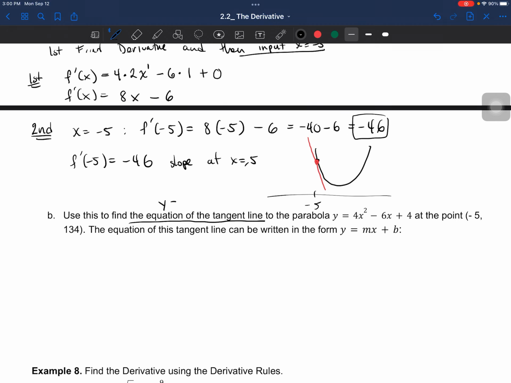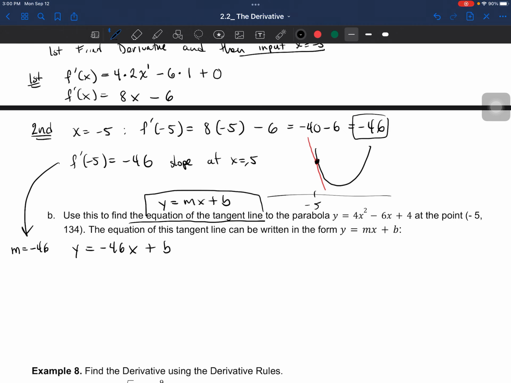An equation of the tangent line is always a linear equation, so we know tangent lines always look like y equals mx plus b. We already know that the slope of the tangent line has to be the same as the slope of the curve. Therefore, m must equal -46.